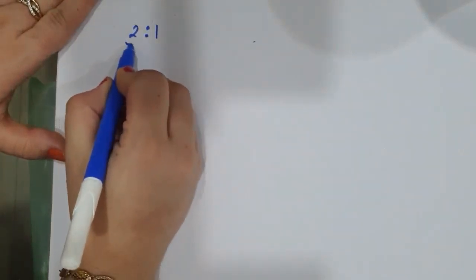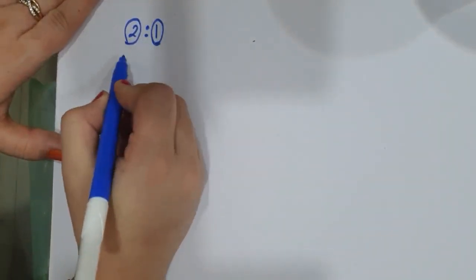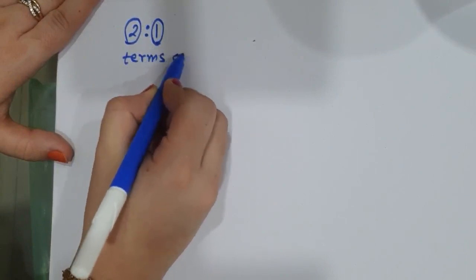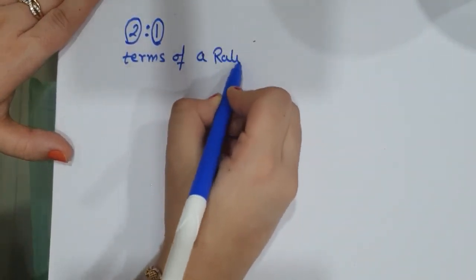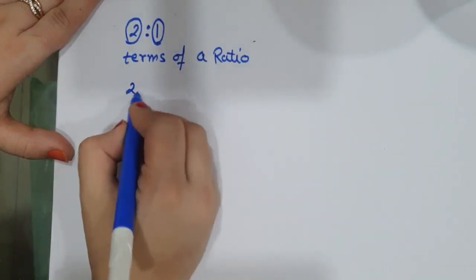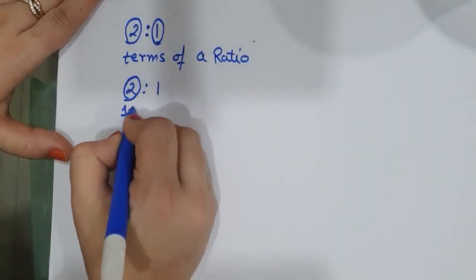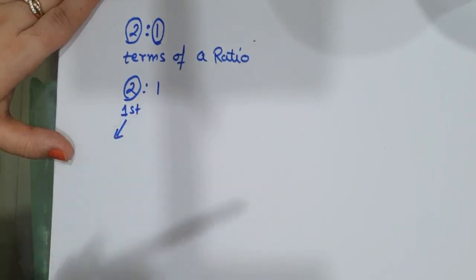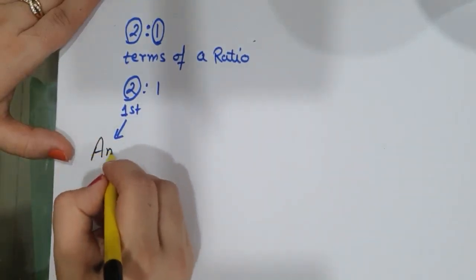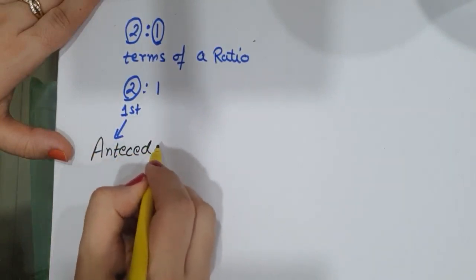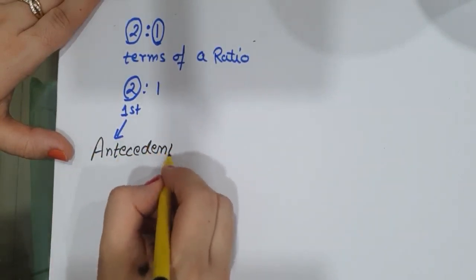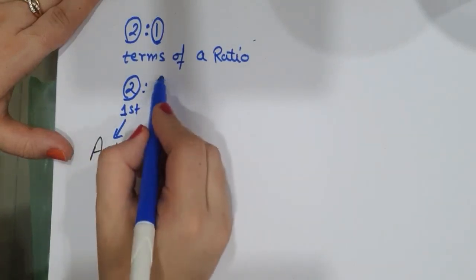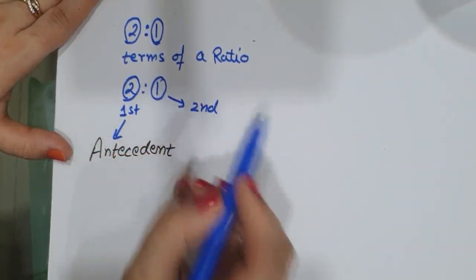Now there are some words which are used in ratio. The terms which we have written, 2:1, these two are known as the terms of a ratio. And the first term is known as the antecedent, and the second one is known as the consequent.